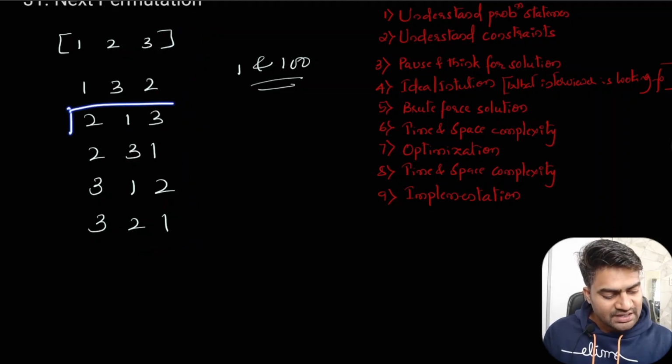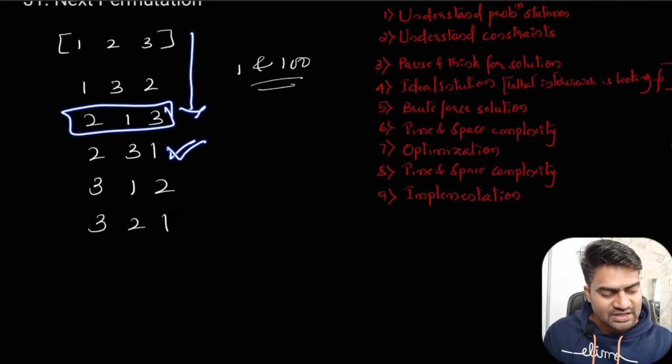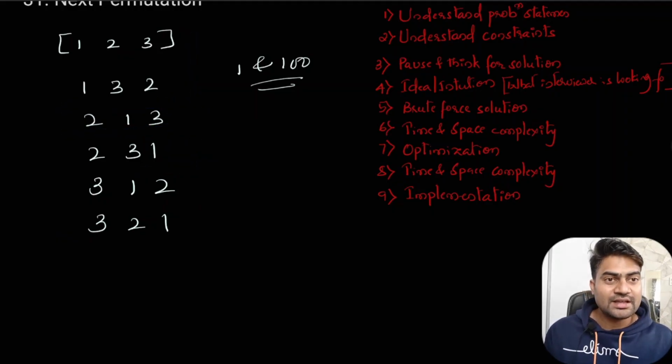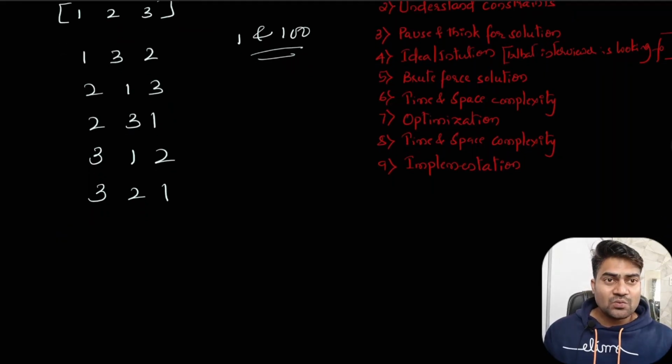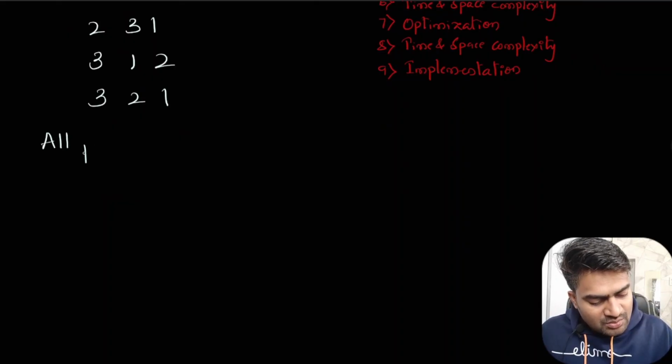Then we will find which array we want the next element for. So for this one, this will be the next combination. We will search linearly for our given combination, then take the next combination available. So here we are trying to generate all the possible combinations.